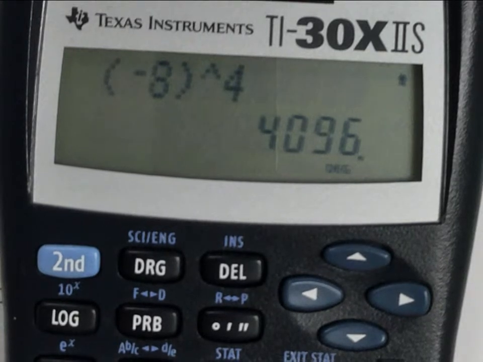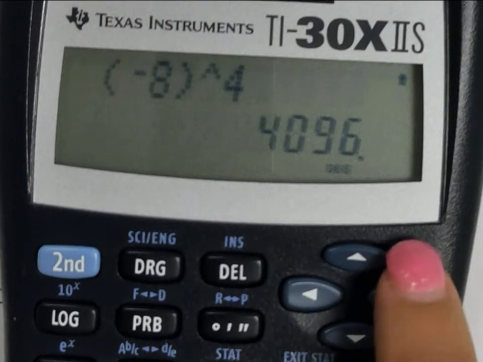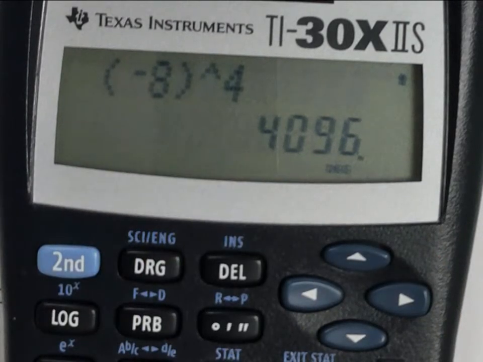So it doesn't really matter if you put them in parentheses if you have an odd number. But it does matter if your exponent is even. So instead of looking to see whether it's odd or even, just go ahead and get into the habit of putting that number in parentheses before you raise it to an exponent. Okay? Do you know why it does that when it's not in parentheses? Because when it's not in parentheses, it thinks that you have negative 1 times 8 to the 4th power.